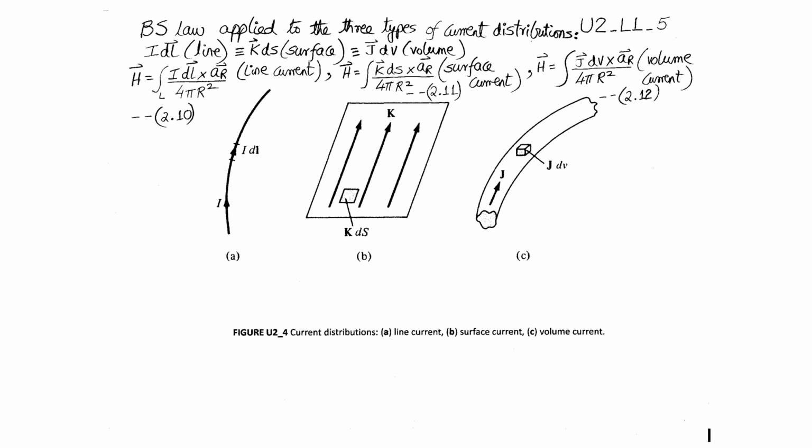So the magnetic field produced by a volume current would be the volume integral of J vector dV cross aR vector divided by 4 pi r squared as stated in equation 2.12. So these three formulae for line currents, for surface currents, and volume currents will be used in the subsequent slides to evaluate the magnetic field produced by different configurations of currents.